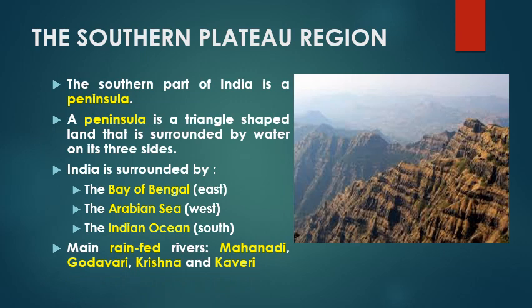Now, main rain-fed rivers that run through the southern plateau region are Mahanadi, Godavari, Krishna and Kaveri. Why they are called rain-fed rivers? Because the water in these rivers is dependent on the rains. That is the reason in summer usually these rivers dry.